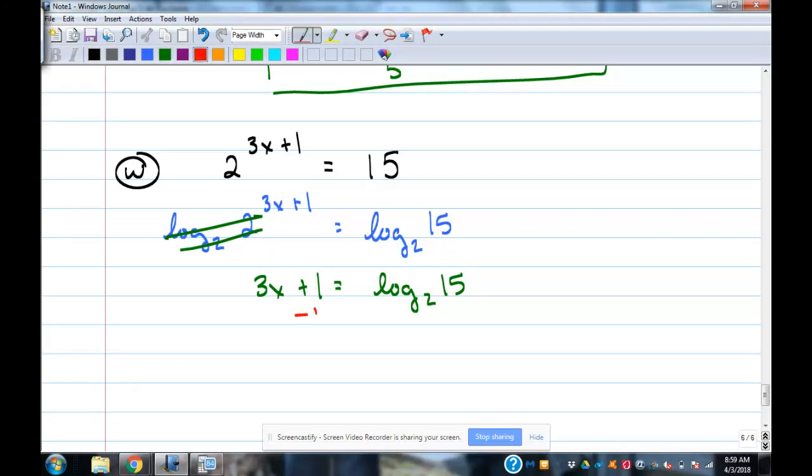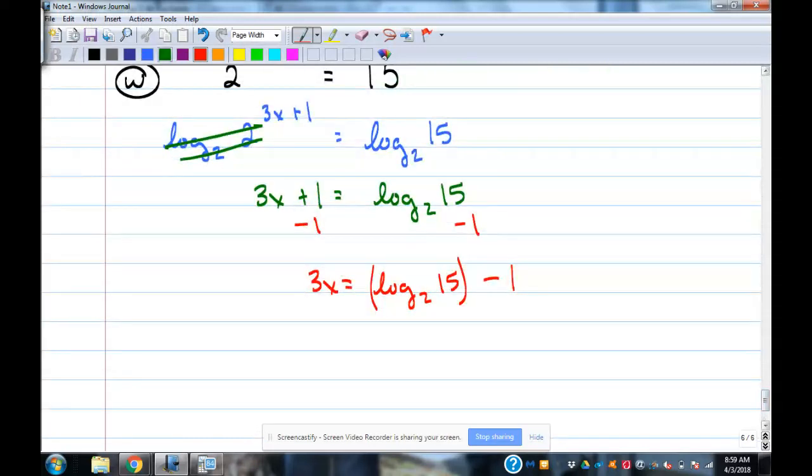Minus 1. So it's going to be 3x is equal to log base 2 of 15 minus 1. Maybe it helps to put that in parentheses, that it's log base 2 of 15. That's a number. We're going to subtract 1 from that number. Don't subtract 1 from the 15. That's a very common mistake, to make that log base 2 of 14, and that doesn't work.